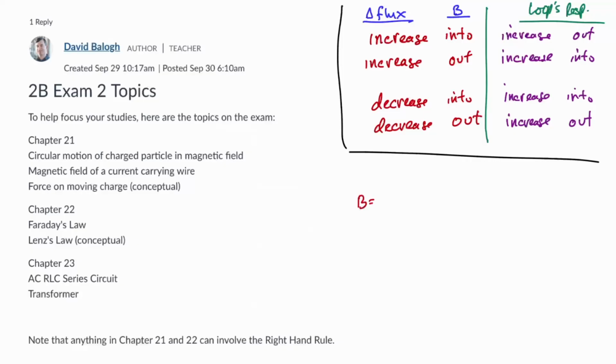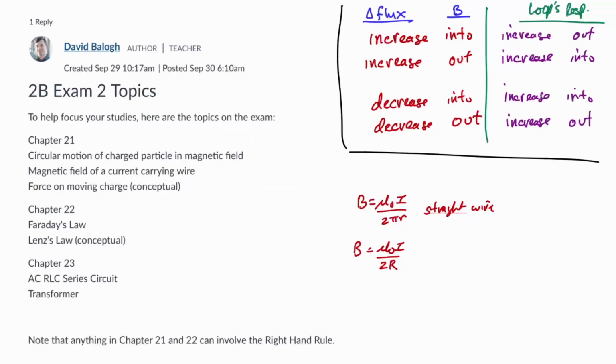It was mu naught over 2 pi little r. This is the straight wire. And then mu naught I over, is it just 2 big R? Well, number of turns. You can throw number of turns in. Well, you can't do it in the straight wire.